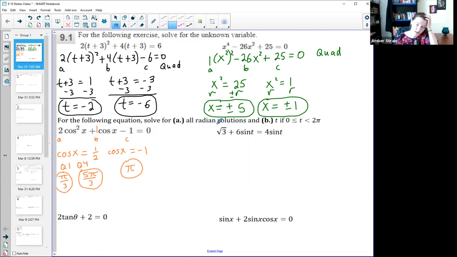So knowing that the coterminal angles could always be found by going 360 degrees or 2 pi's all the way around, I always recommend finding these answers first, because the all radian solution answer will be those exact same numbers, the pi thirds, the 5 pi thirds, and the pi, with all of the coterminals, which can be found by going 2 pi all the way around any integer amount of times. So you could go 2 pi forward, you could go a couple of times, you could go 100 times, or you could even go backwards 2 pi and you'd land in the same place.